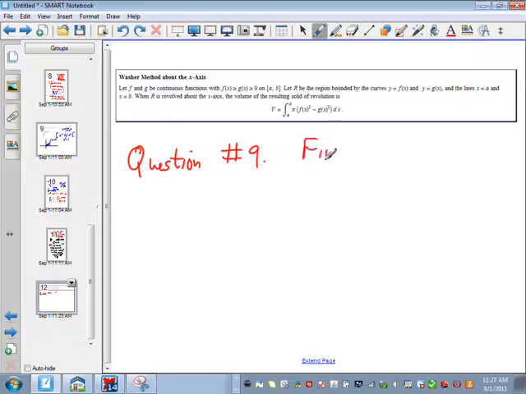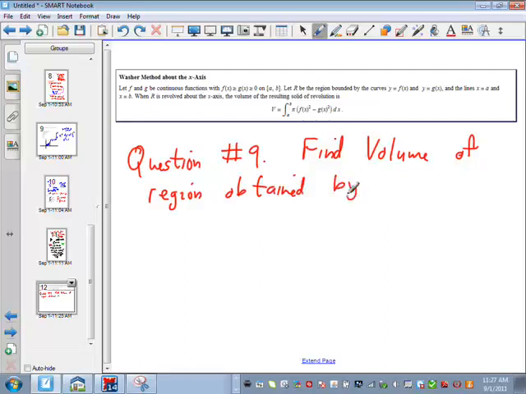Find the volume of the region obtained by rotating f of x on the x-axis.